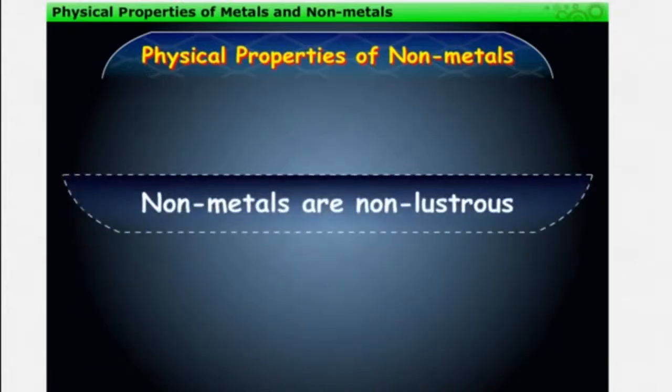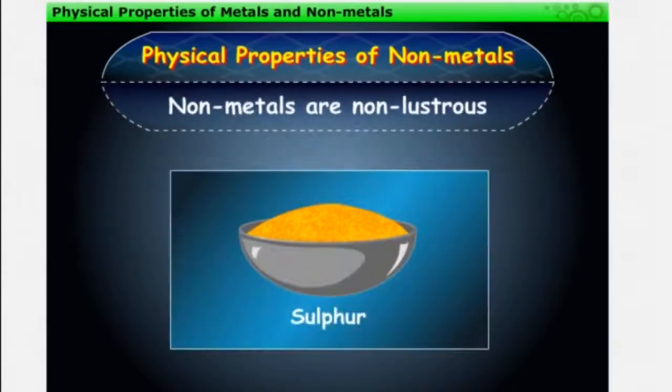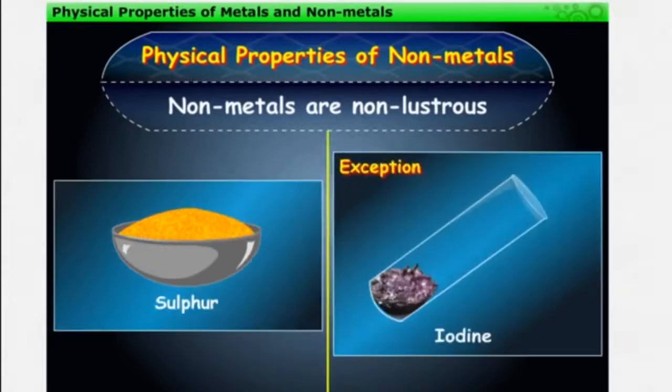Non-metals, in their pure state, do not have a shining surface. This means they are not lustrous, for example, sulfur. Iodine, which is lustrous, is an exception.